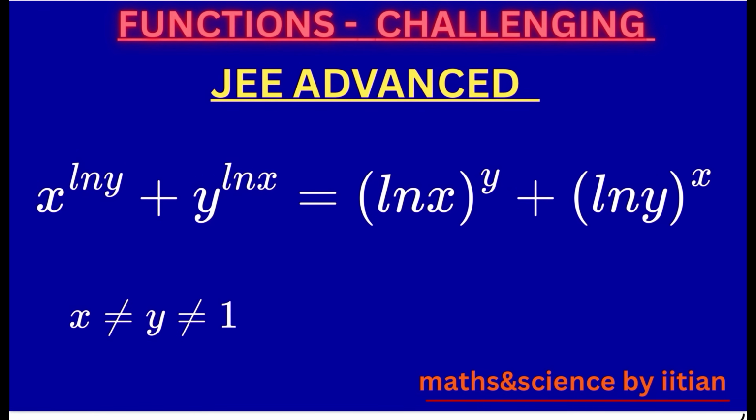In this lecture, I will be taking up a very highly challenging question on functions. A function is given, we have to find out the values of two variables such that the equation is satisfied, where both the variables are distinct, x is not equal to y and they are not equal to 1.